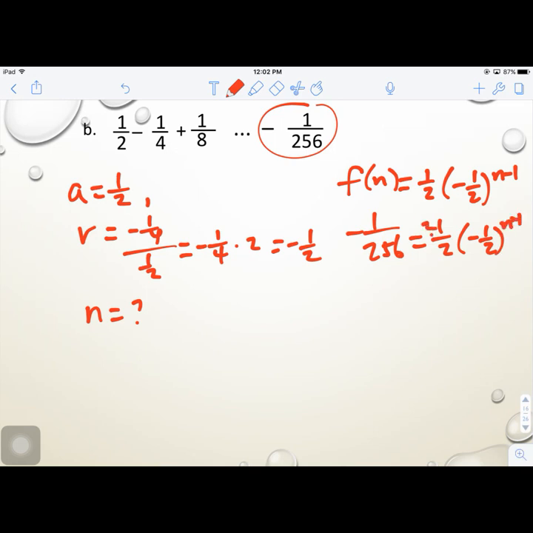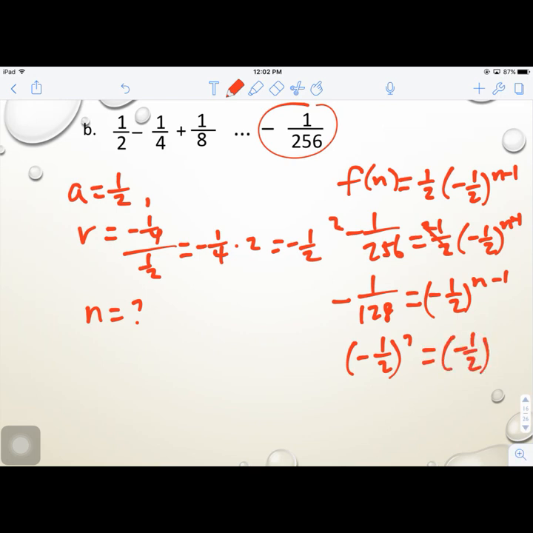And times 2 to get rid of that 1/2, and that will give us negative 1 over 128 is equal to negative 1/2 to the n minus 1. I'm going to rewrite the left side and the right side, bring it down, and we got powers equal, n minus 1 equal to 7, so therefore n equals 8.